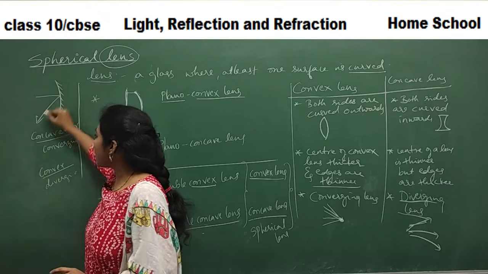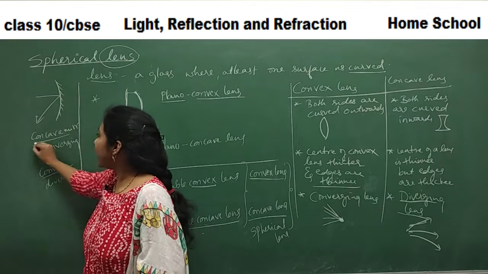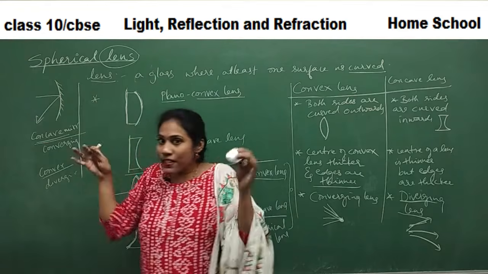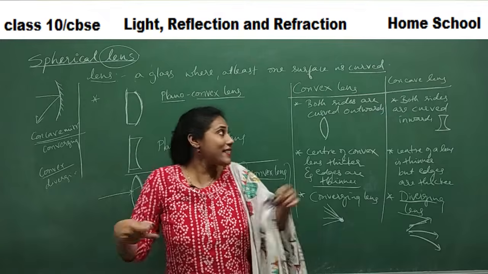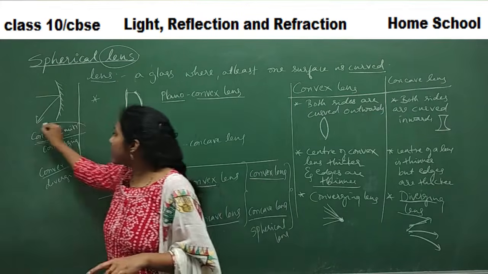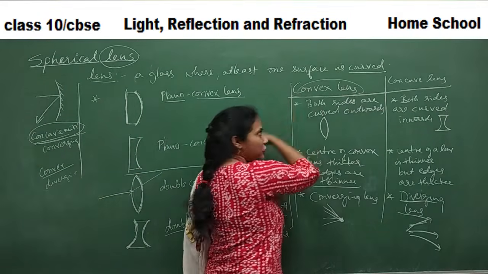If you see the reflection, all the reflected rays meet at one point in case of concave mirror. Whereas the reflected rays go away from one point in case of convex mirror. It's exactly opposite.